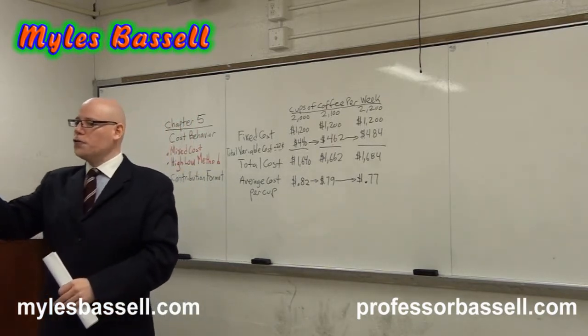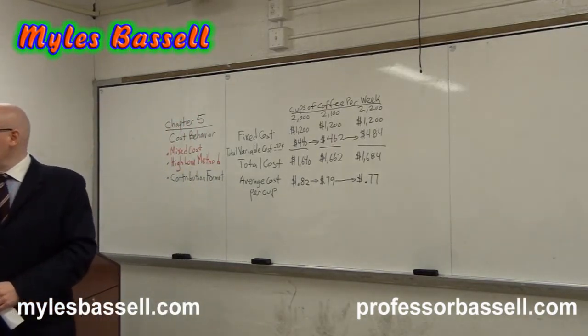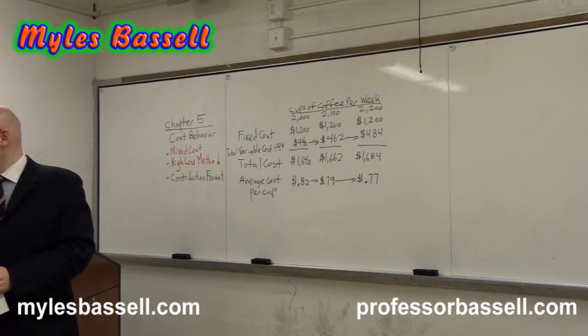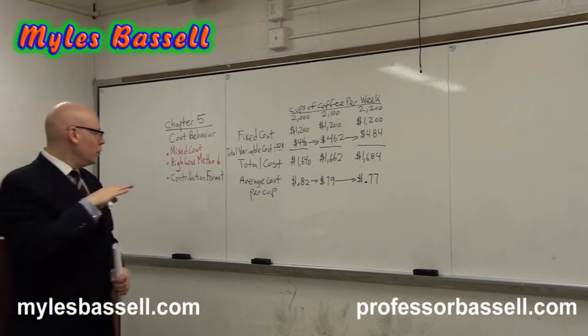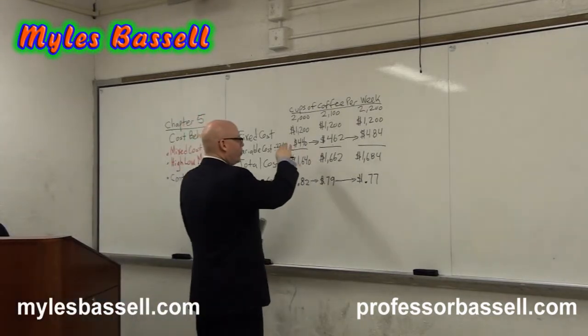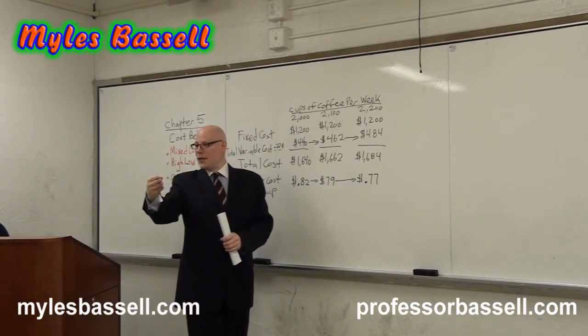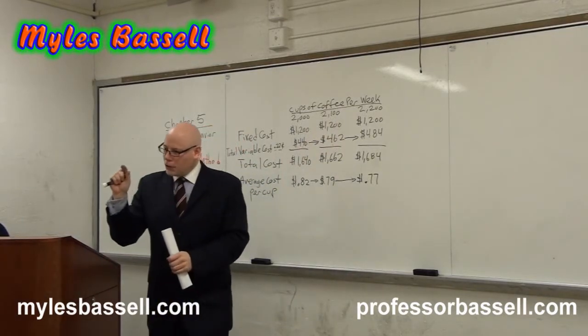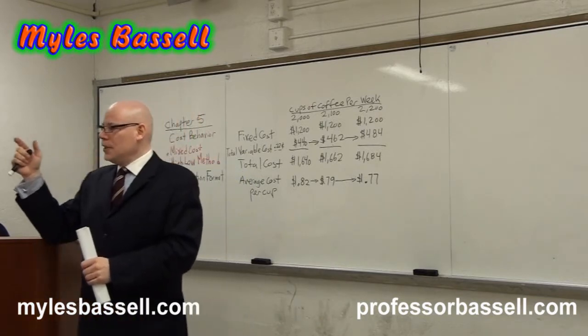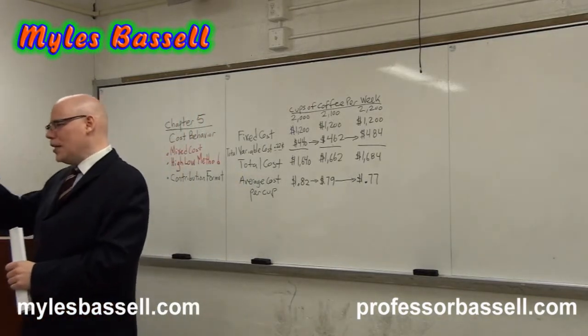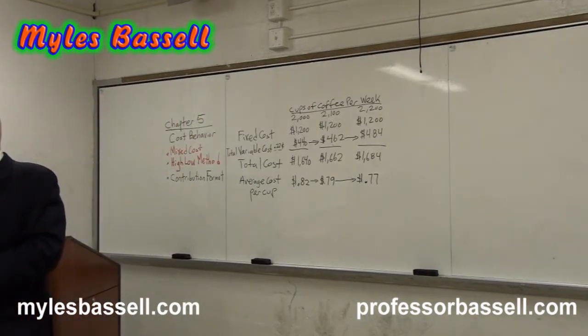When we figure out our cost for the product, we need to take into account the fixed cost as well as the variable cost. And so, the more cups of coffee that we sell, or the more units that we make, the smaller the dollar amount each unit or each cup of coffee is going to absorb.